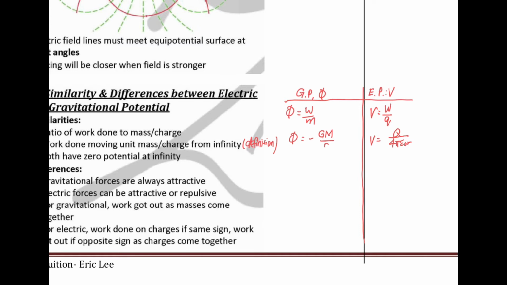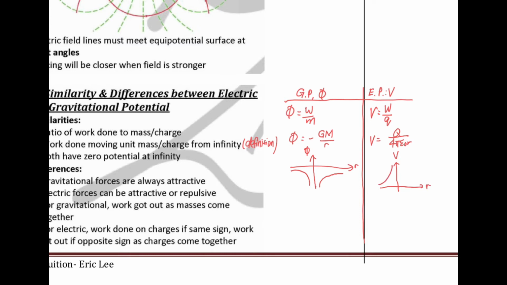Okay, so let's say for gravitational potential, the graph is like this, phi versus r. For V versus r, the graph is like, it's positive. So I change the axis, put it down a bit.